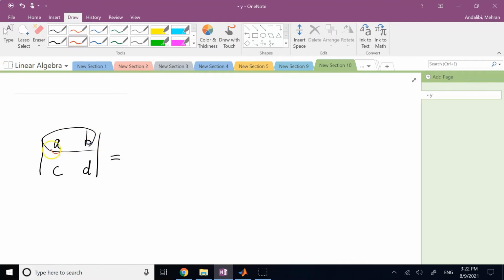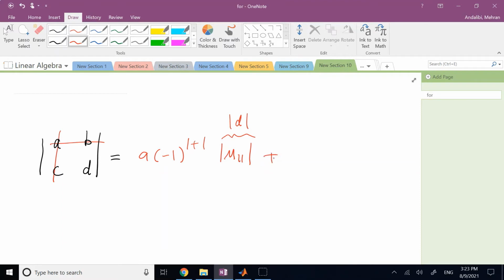So it is going to be element 1, 1, which is A times -1 to the 1 plus 1. And the determinant of the matrix that has the first row and the first column eliminated. Right? So if you eliminate first row and first column, all you have is D. So basically this whole thing is going to be the determinant of D.